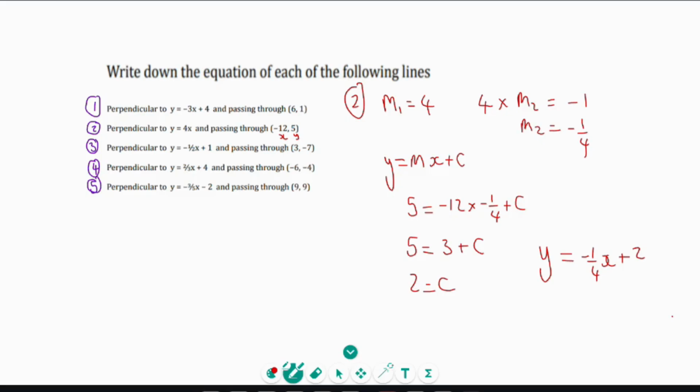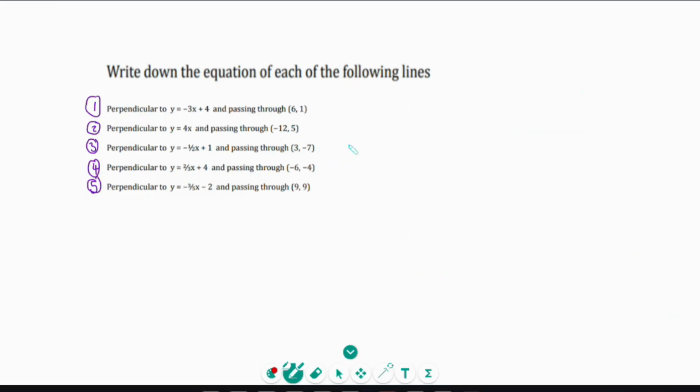Question 3. Divide both sides by -1/2. -1 divided by -1/2 is 2.